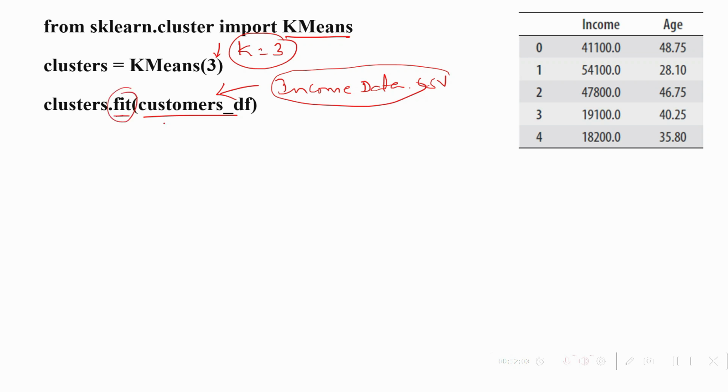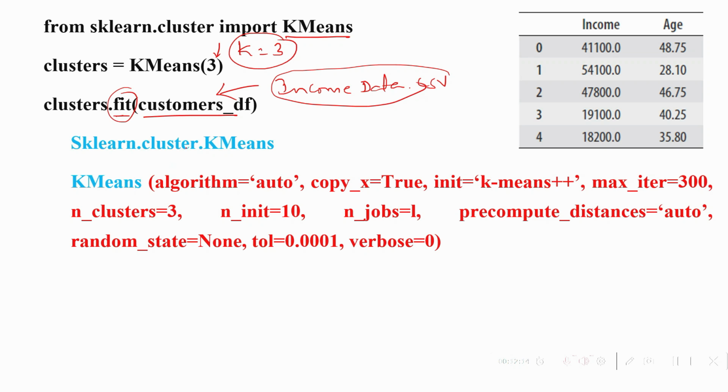The fit function trains the model with the help of our input data, that is the income data dot csv file. KMeans from sklearn contains different parameters like algorithm equal to auto, copy_x equal to true, init equal to k-means plus plus, max_iter equal to 300, n_clusters equal to 3, n_init equal to 10, n_jobs equal to 1, precompute_distances equal to auto, random_state equal to none, tol equal to 0.001, and verbose equal to 0.